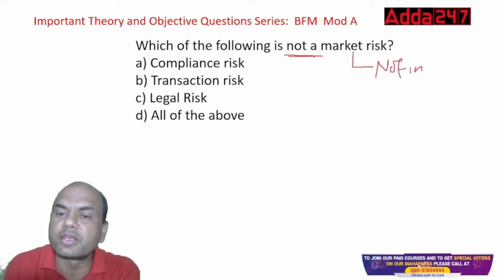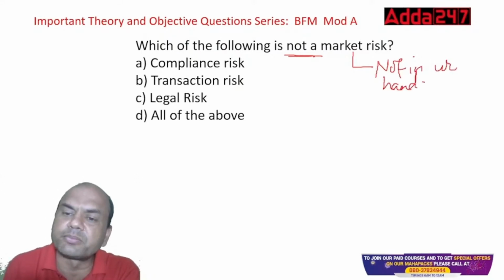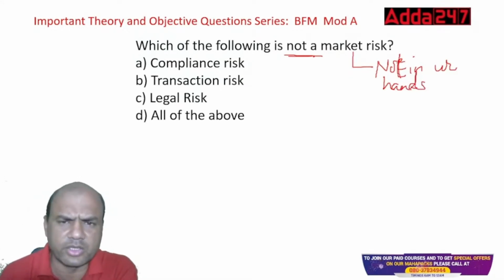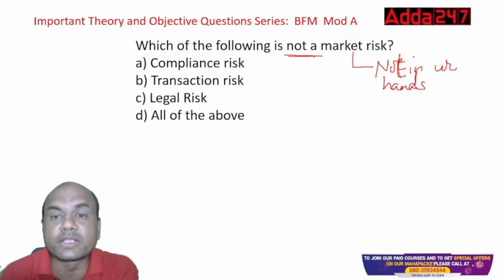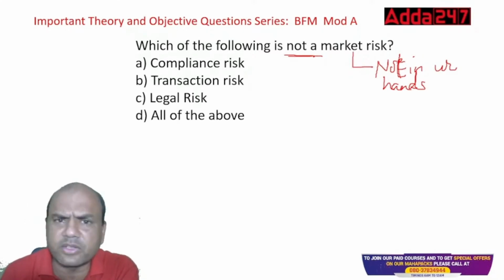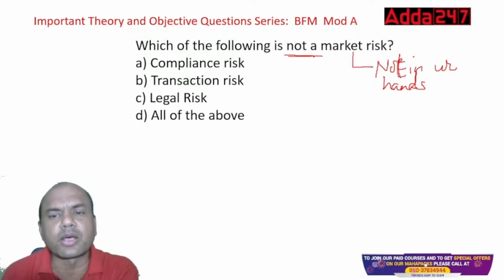Keep it in very simple language. The Russia-Ukraine war is not in your hands. The COVID situation, not in your hands. RBI changing the repo rates, not in your hands. So this is all market risk.